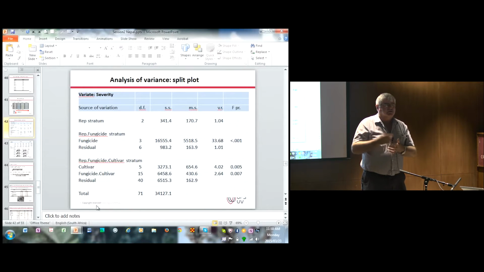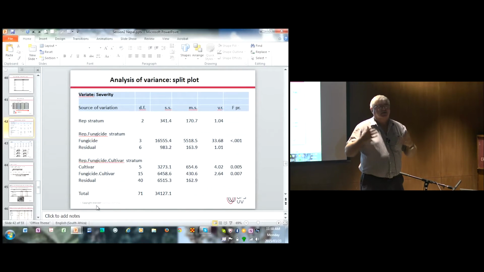And your residual effects, as we said, generally come from variation in your trial layout or the field that you have or something like that. So you either go for a randomized block or you go for a split plot.